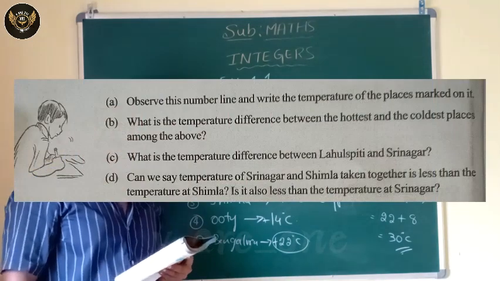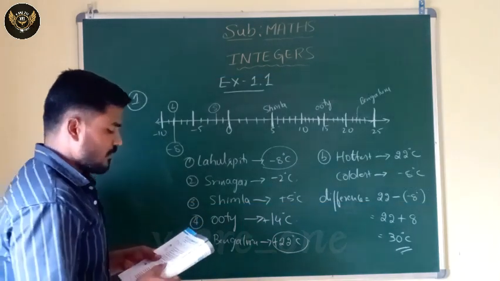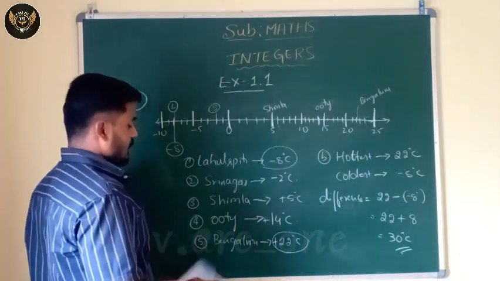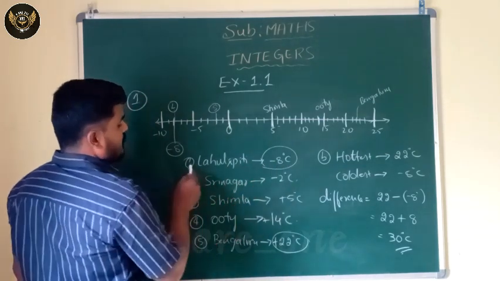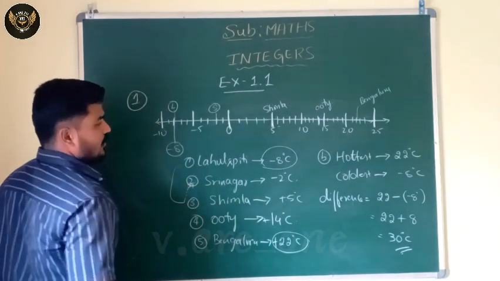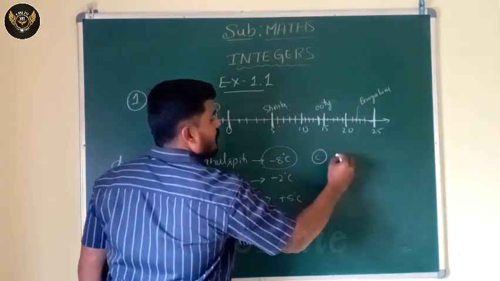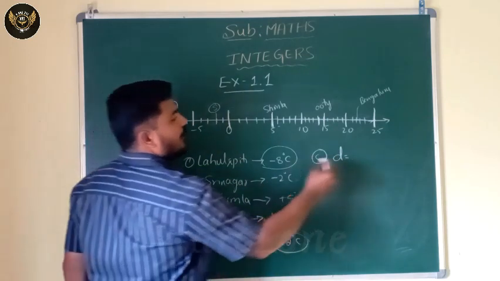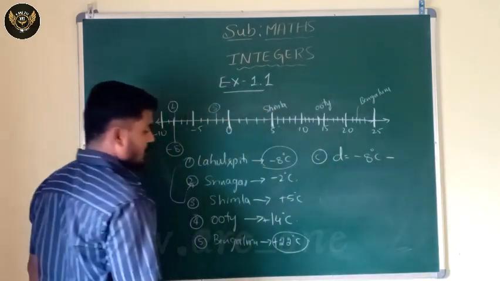And the third sub question: what is the temperature difference between Lahaul-Spiti and Srinagar? Again they asked the difference between Lahaul-Spiti and Srinagar. Lahaul-Spiti is having -8 degrees and Srinagar is -2 degrees. The difference is equal to Lahaul-Spiti, -8 degrees Celsius, and difference means subtraction of what?